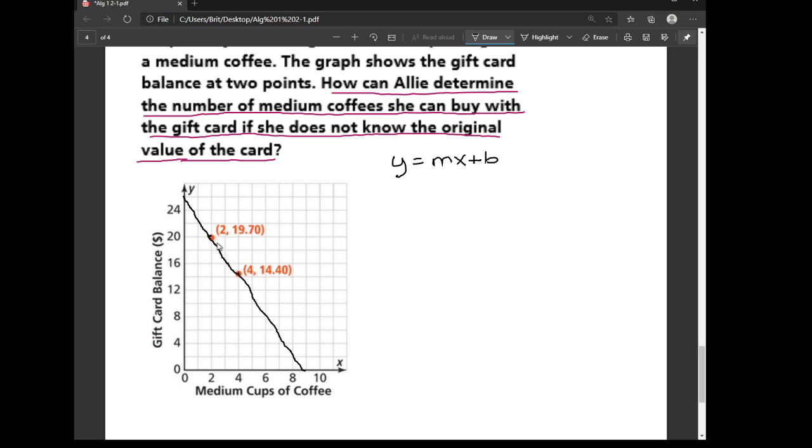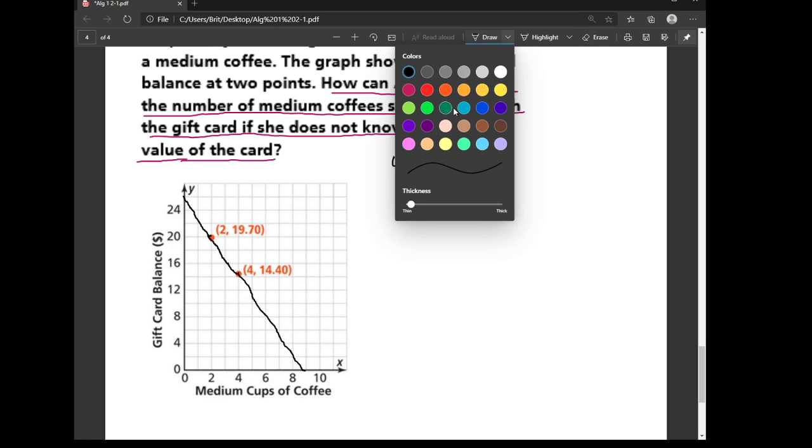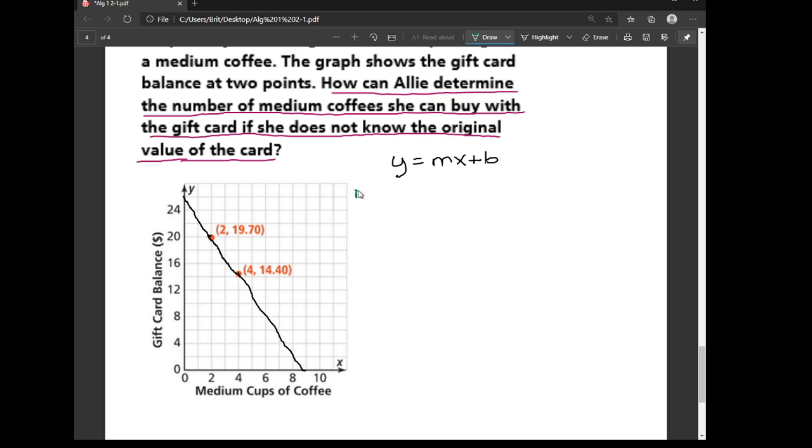So what I'm going to do is use my slope equation, just like I've been doing in the previous examples, to find what the slope is. A reminder, the slope equation says y2 minus y1 divided by x2 minus x1 is equal to our slope. If I call this one x1, y1, and this one x2, y2, I can just plug those points right into my formula.